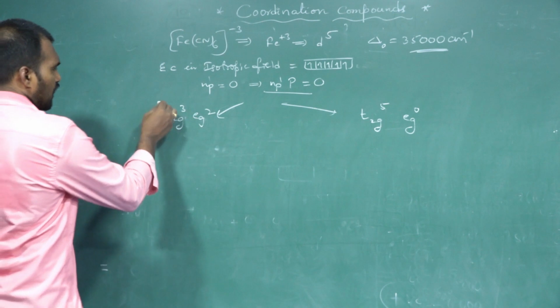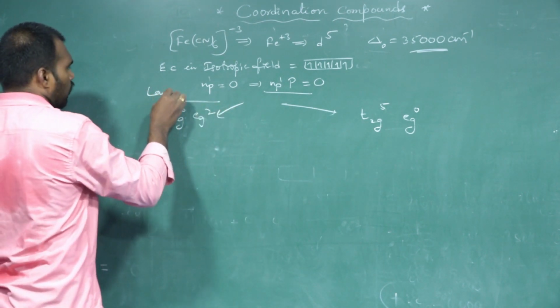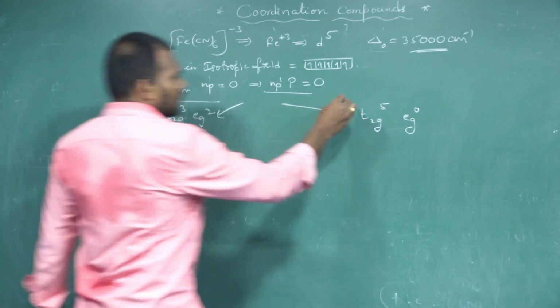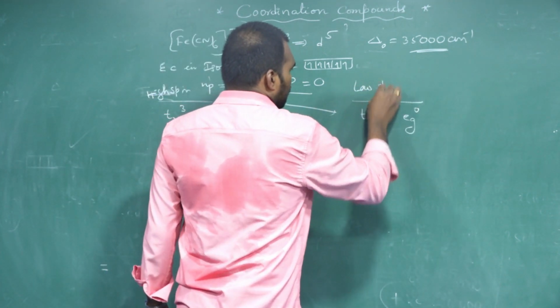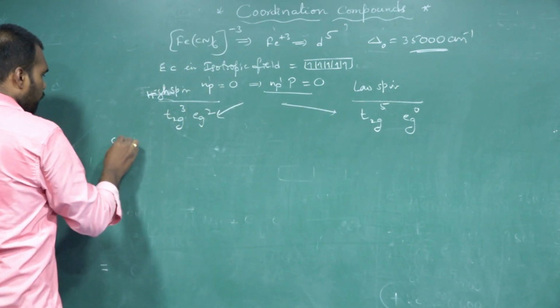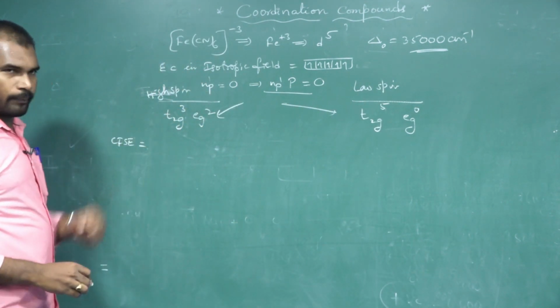Let us see. So t2g3 eg2 is what? High spin complex. And this is what? Low spin complex, that we already discussed earlier. Now the CFSE value for this complex.